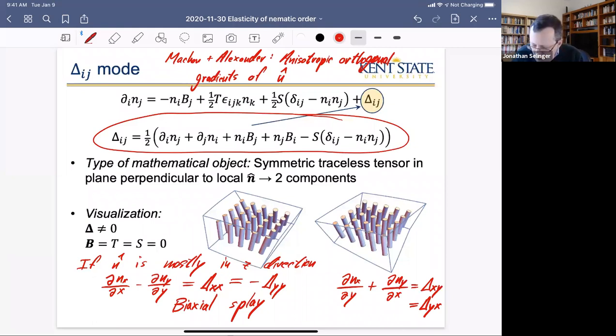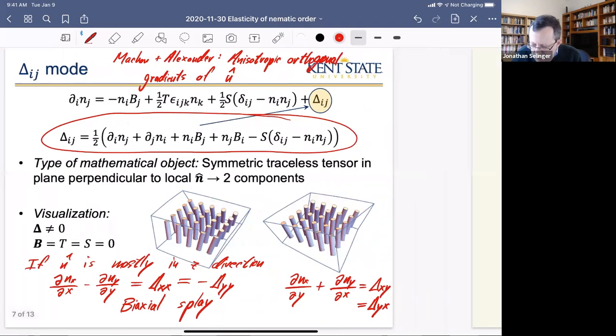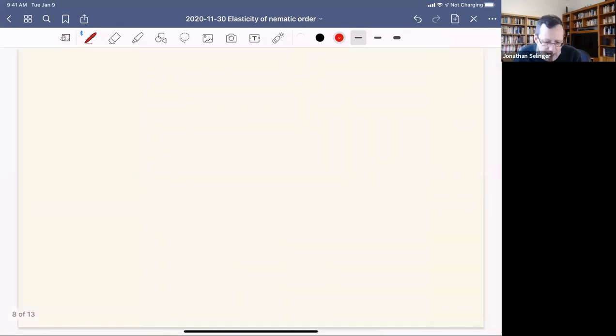Now, each of these modes has to cost some elastic free energy.